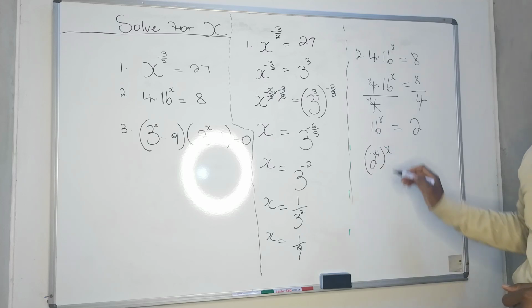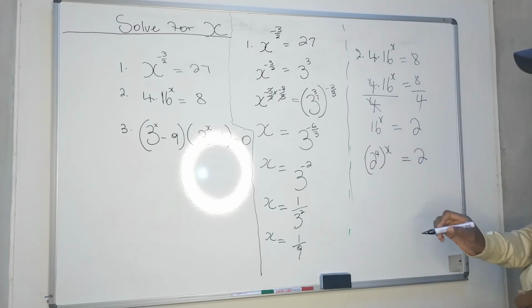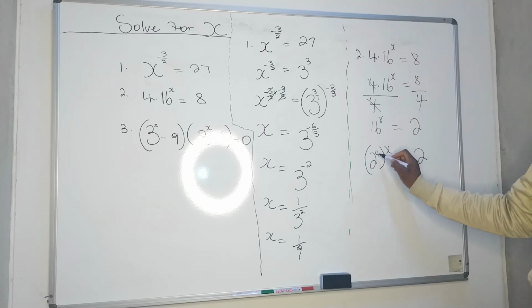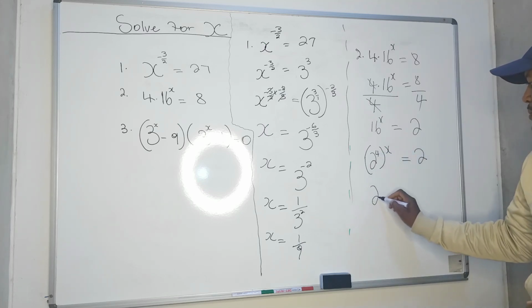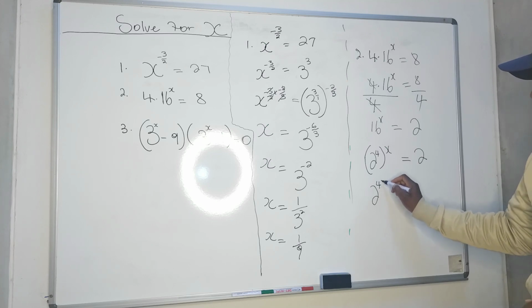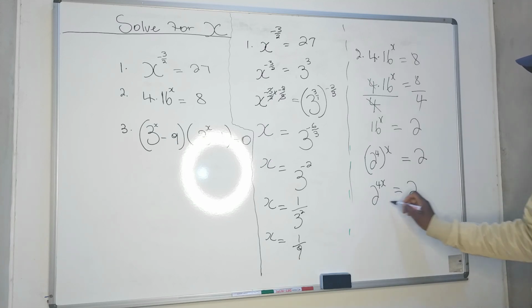We don't leave our x behind. It's equal to 2. Now let's multiply that 4 by x. It's going to be 2 raised to 4x is equal to 2. Can you see now our bases are the same? 2 and 2.